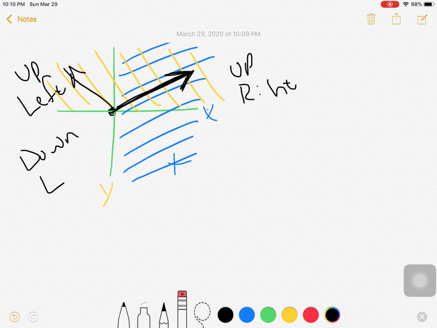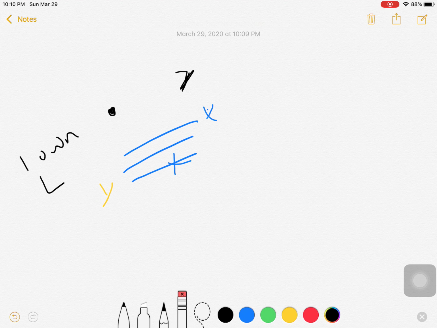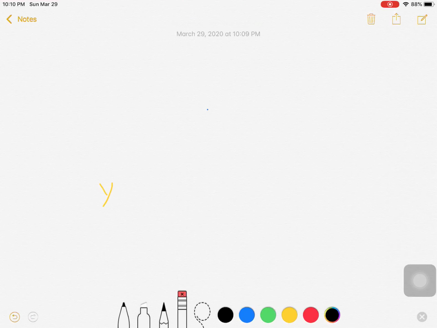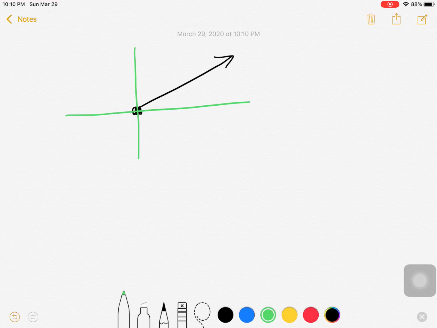We have another way of looking at the orientation of the arrow, and we call this the actual direction. Now, the direction is a more specific measurement than the sense of the arrow is. So if we have an arrow that's pointing again like this, and we consider it on our Cartesian coordinate plane, we know the sense is up and to the right, but to put a direction on this, what we would actually need is this measurement here.